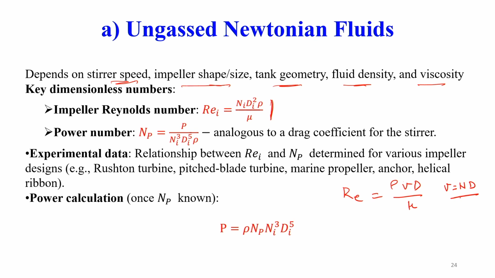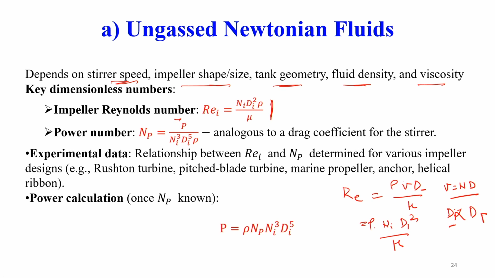N is the RPM and d is the impeller diameter. So, d is proportional to Di, which is proportional to tank diameter. So, this diameter is also replaced by the Di. So, it becomes rho into Ni Di square upon mu. So, in this way we calculate the impeller Reynolds number.